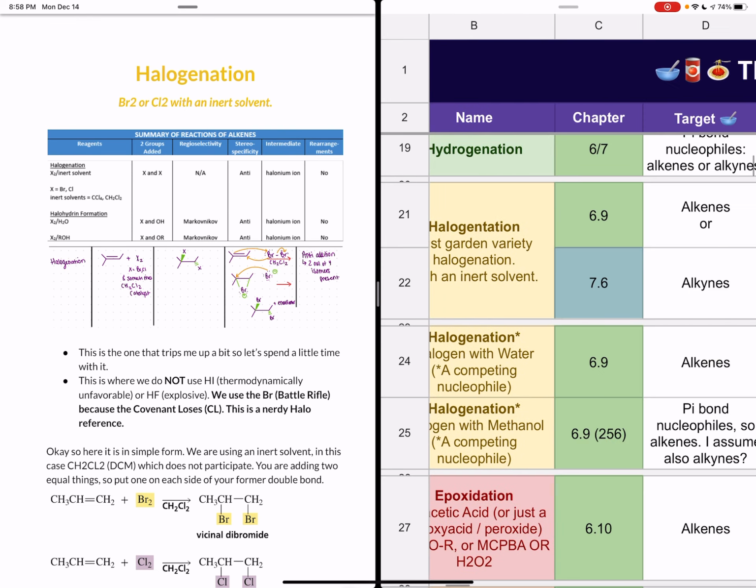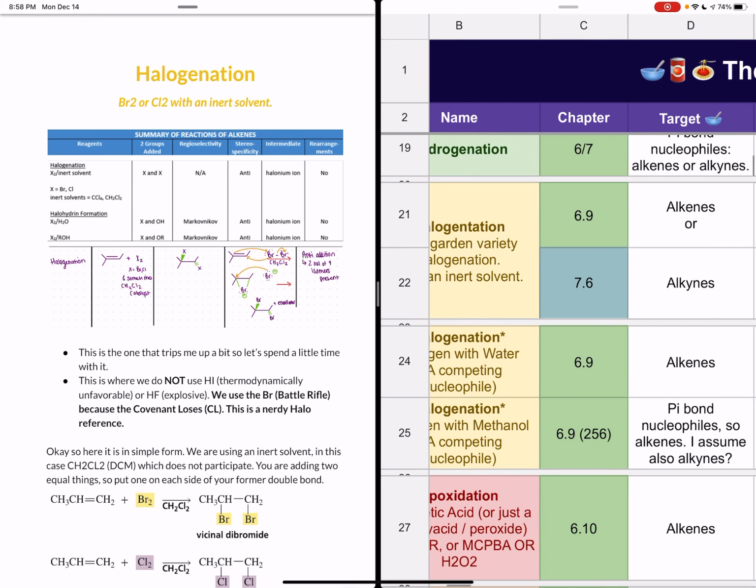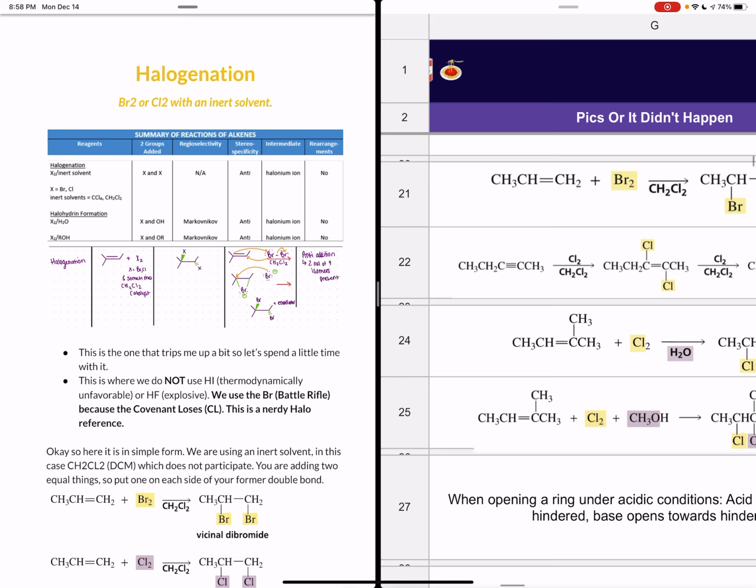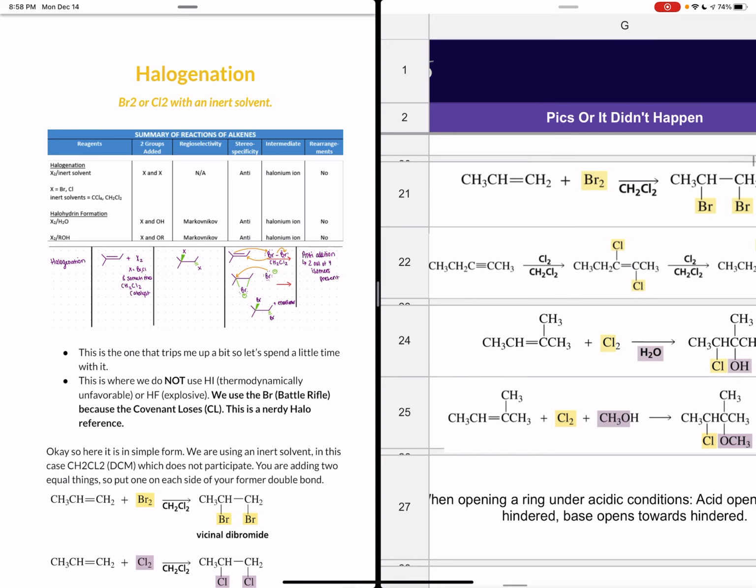Now, if we add Br2 to an alkyne, well, with one equivalent, it's going to break that first pi bond and add to two different carbons. Don't confuse this with hydrochlorination or hydrobromination, where you have a hydrogen involved.